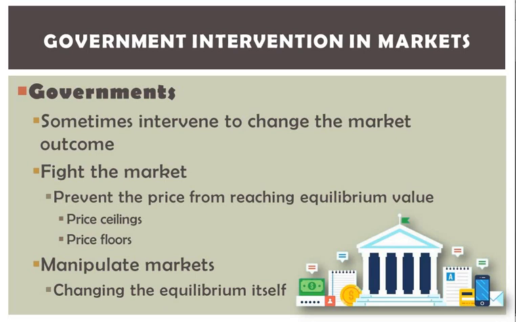So sometimes they intervene to change the market outcome. Bakit? Maybe because the sellers or businesses put high prices, or let's say, si supplier masyadong mababa yung presyo niya. So, dahil mas mababa yung presyo niya, okay, what will happen?